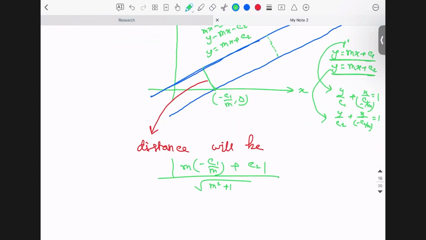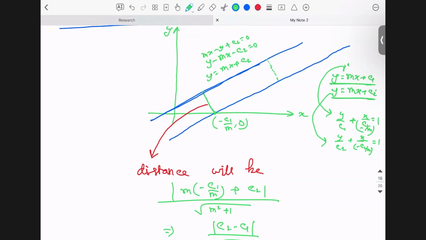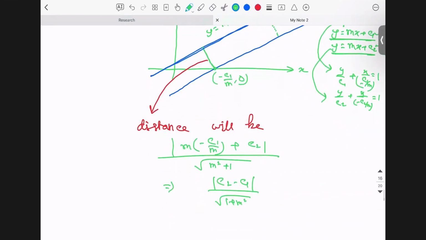So this will give us modulus of c2 minus c1 divided by square root of 1 plus m square. So if the two straight lines are parallel, then the distance will be, we consider these two constants, the modulus of their subtraction, divided by square root of 1 plus m square.